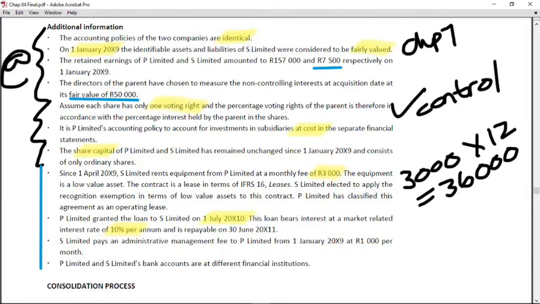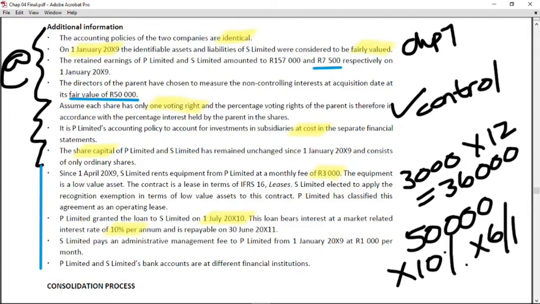Because the loan was only entered into in the half of the current reporting period, the interest is calculated as the 50,000 loan multiplied by 10% interest for 6 months, and that gives you the 2,500 that you see on the trial balance. So again, this information confirms that the 2,500 interest income and interest expense is intragroup.